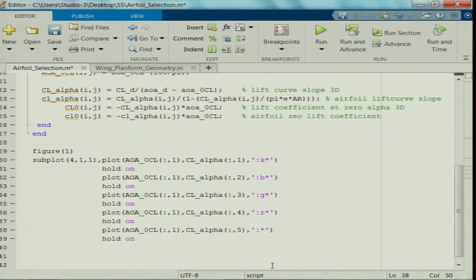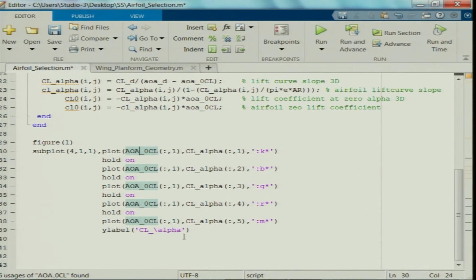And the Y label is CL underscore backslash alpha, right, per radian. Sorry, per radian, CL alpha per radian, that is what you are going to get. Okay.